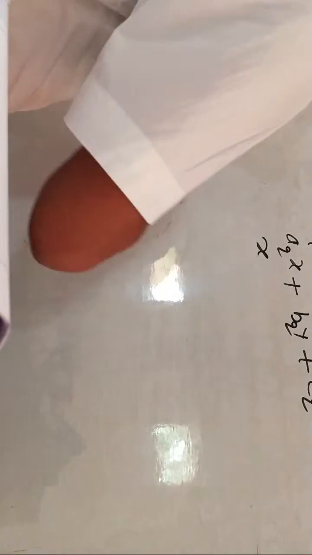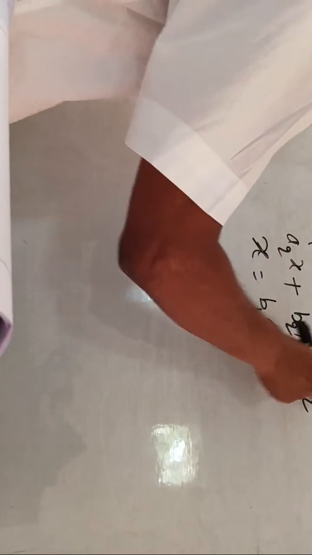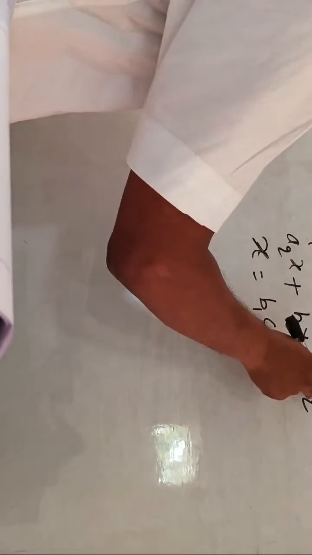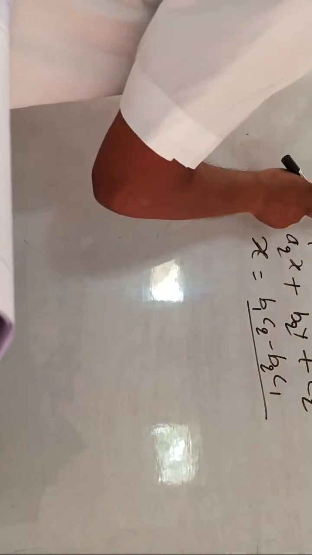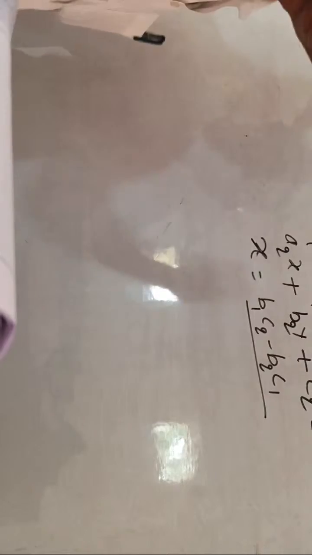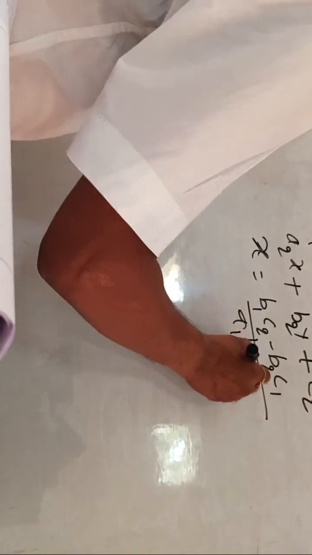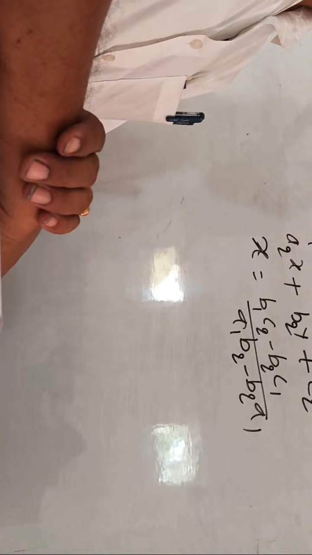So x is equal to b1 into c2 minus b2 into c1, divided by, you remove the constant term, a1 into b2 minus a2 into b1. This will be the value of x. This is called the cross multiplication method.